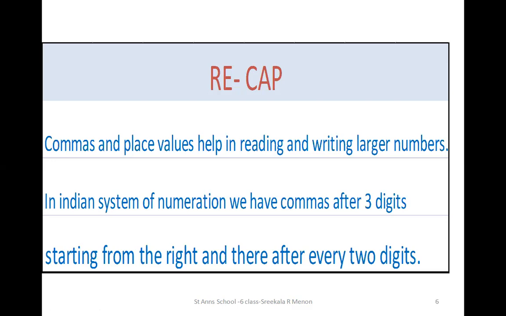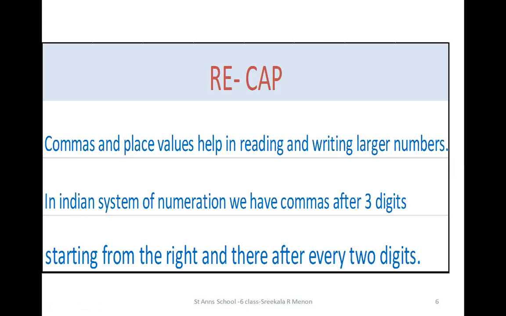See that commas and place values help in reading and writing larger numbers. Will you agree with me? While starting, I had given a bigger number and it was very difficult to read and write. So from this, we conclude that commas and place values help in reading and writing larger numbers.